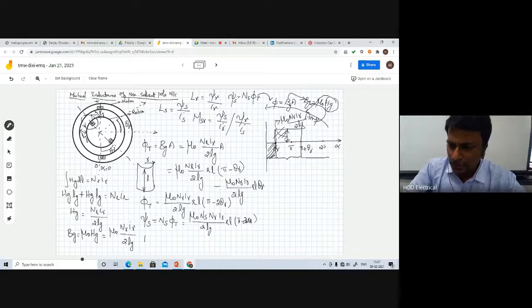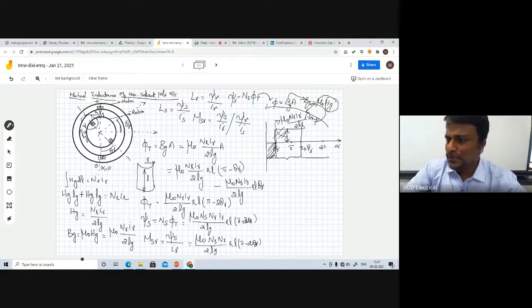Now we have to find the mutual inductance between the stator and the rotor: flux linkages in the stator divided by the current flowing through the rotor. So this Ir will cancel. So we end up with the equation mu naught Ns Nr divided by 2Lg into R into L into pi minus 2 theta r.